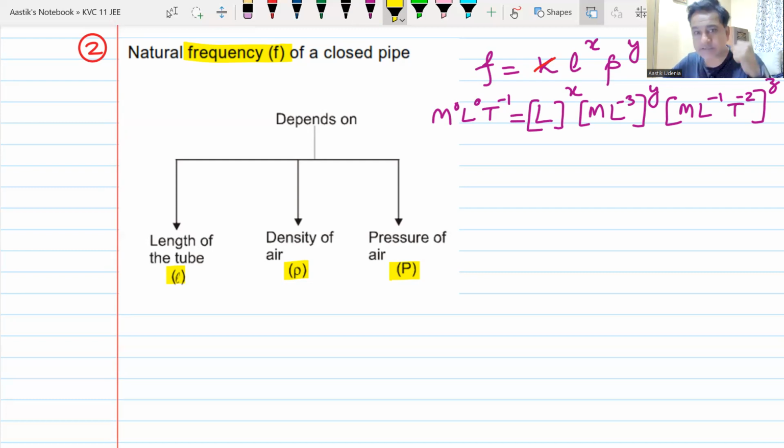What matters is not whether you are able to solve the question. What matters ultimately is, can you do it fast? If you have to do it fast, you have to skip 1 or 2 steps. Because if you do all the steps, you will be wasting a lot of time.